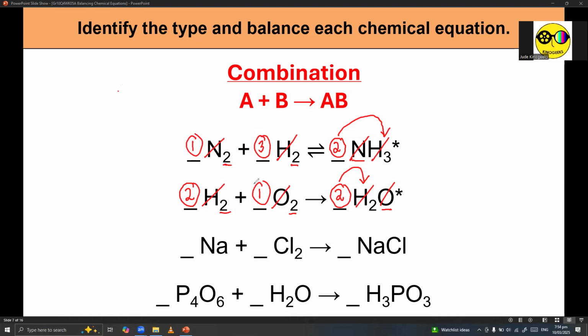Okay. Number 3, you have Na plus Cl2 making NaCl, which is the table salt. I'd like to start with Cl because Cl is the one that is optically and numerically unbalanced to me. So you have two Cl atoms at the left side and only one Cl atom at the right side. So I will multiply NaCl by 2.